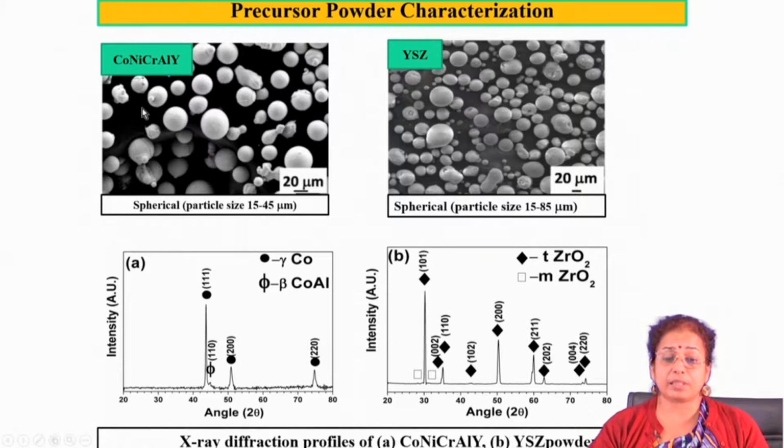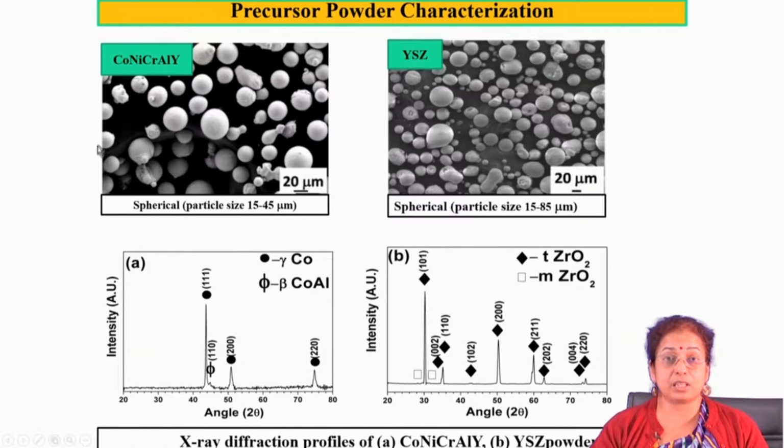As I mentioned, in any thermal spray deposition process, your coating precursor may be in the form of powder, or in the form of wire, or in the form of rod. But when you talk about the plasma spray deposition process, the precursor should always be in the form of powder.